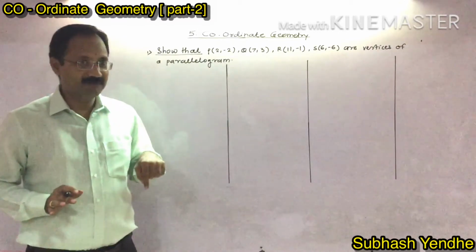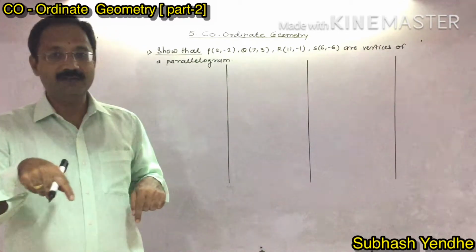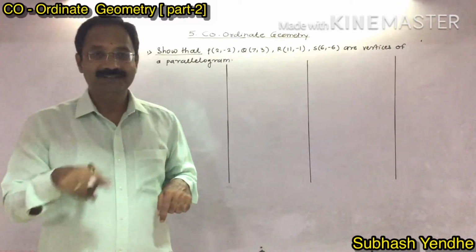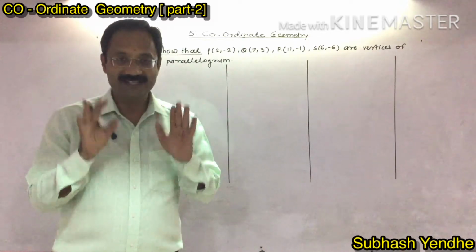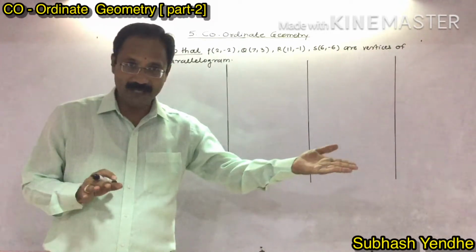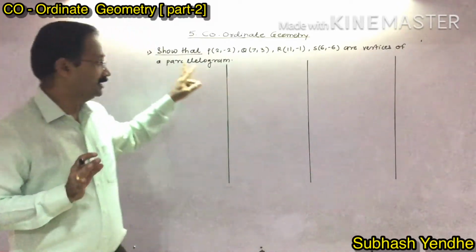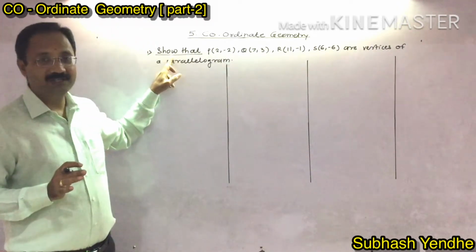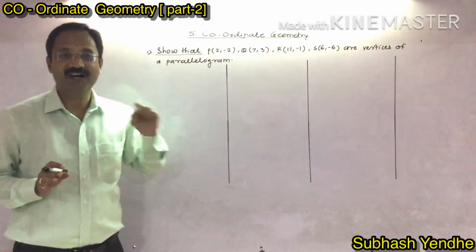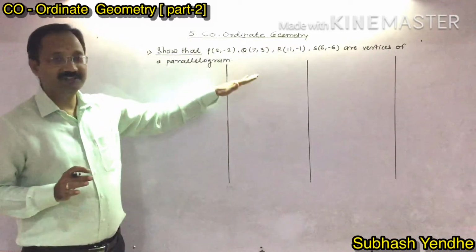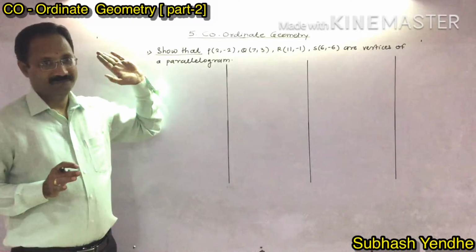But if the question comes like whether it is a parallelogram, then there are chances that it may be a parallelogram, or it may not be. But here they are using the words show that, which means 101% it is a parallelogram.